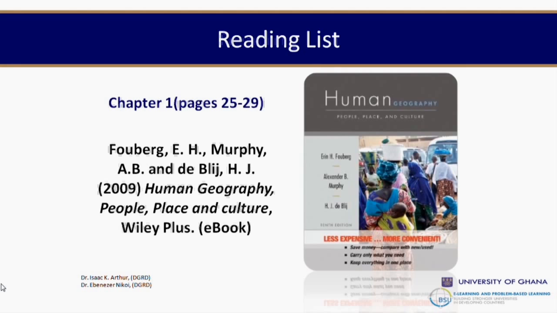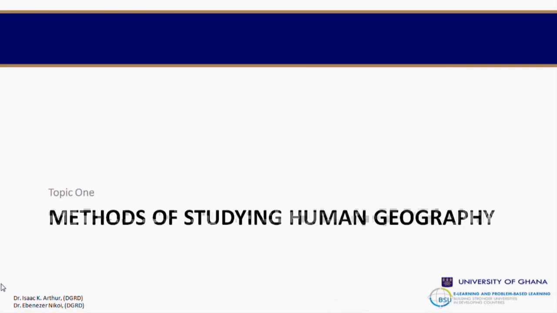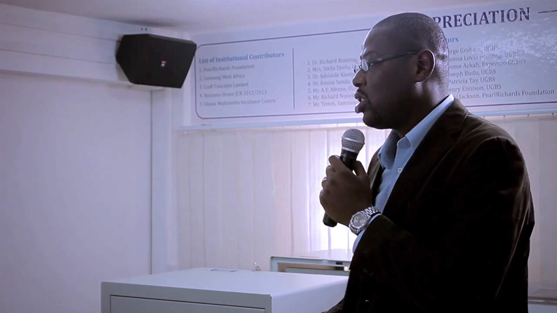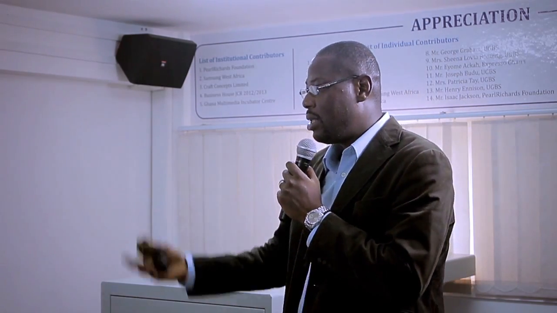So what is the method for studying human geography? Before we go on to the methods, I want to take you back to the previous session, in which we talked about the different meanings, or what human geography is per se.